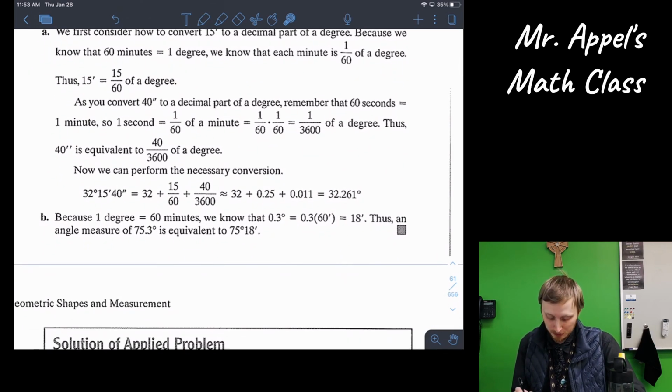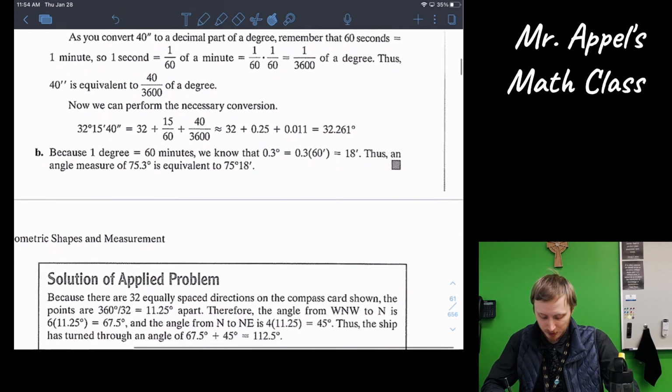And for part B, because 1 degree equals 60 minutes, we know that 0.3 degrees equals 0.3 times 60 minutes, which is about 18 minutes, right? Thus, an angle measure of 75.3 degrees is equivalent to 75 degrees, 18 minutes. Going in this direction, I feel, is a little bit easier.